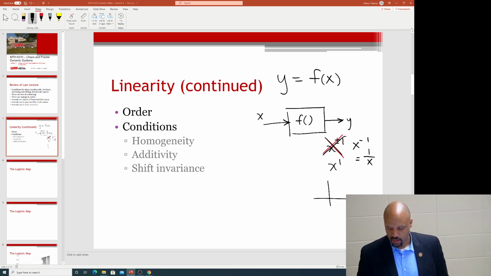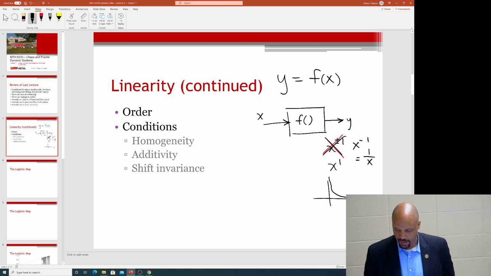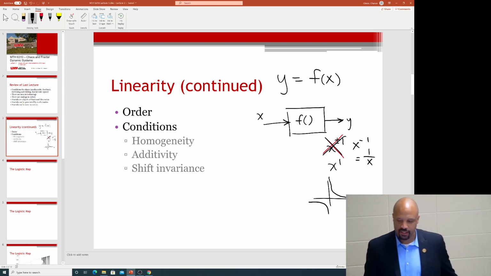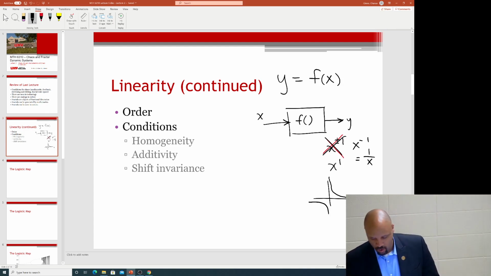As you go higher and higher in x, you see 1 over x, so it's going to start off undefined at 0, and as x gets bigger and bigger, it's going to go to 0, so this is something that looks like that, right? And from the negative standpoint, it's going to look like this, right? So this is what that looks like, and it's clearly not linear. So that was wrong.